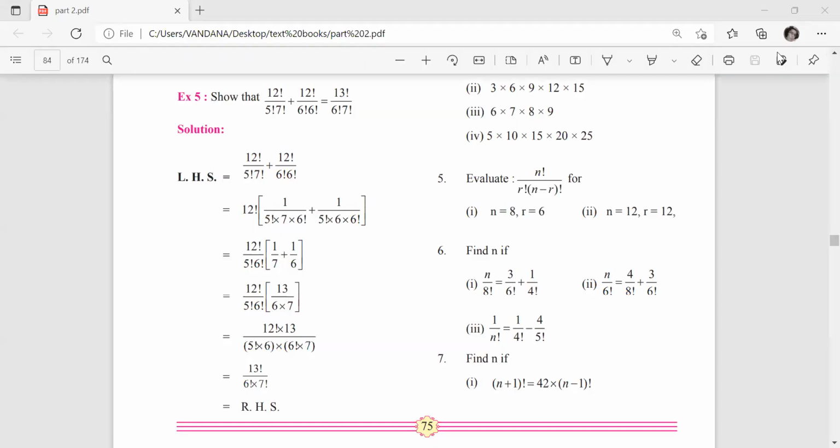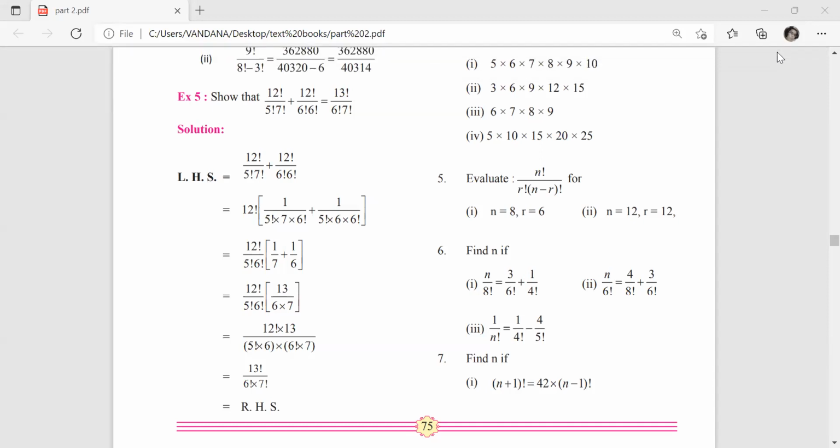Find n if n upon 8 factorial is equal to 3 upon 6 factorial plus 1 upon 4 factorial. Question 6: you have to find n upon 8 factorial is equal to, sorry, 3 upon 6 factorial plus 1 upon 4 factorial.